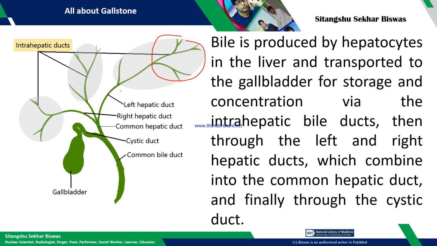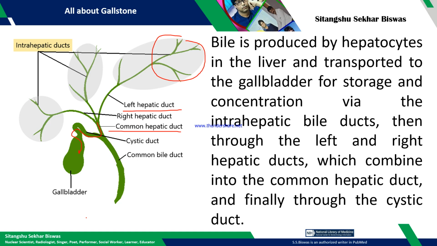Those are finally connected to the left hepatic duct and right hepatic duct, which join the common hepatic duct. Then from there it goes through the cystic duct to the gallbladder. And when the bile is released, it goes from the cystic duct to the common bile duct, and it will be released at the duodenum area.